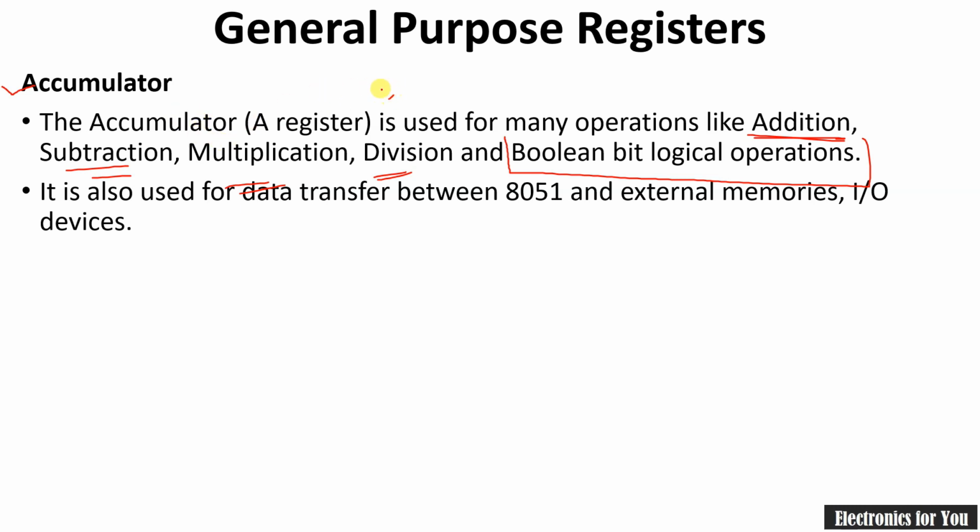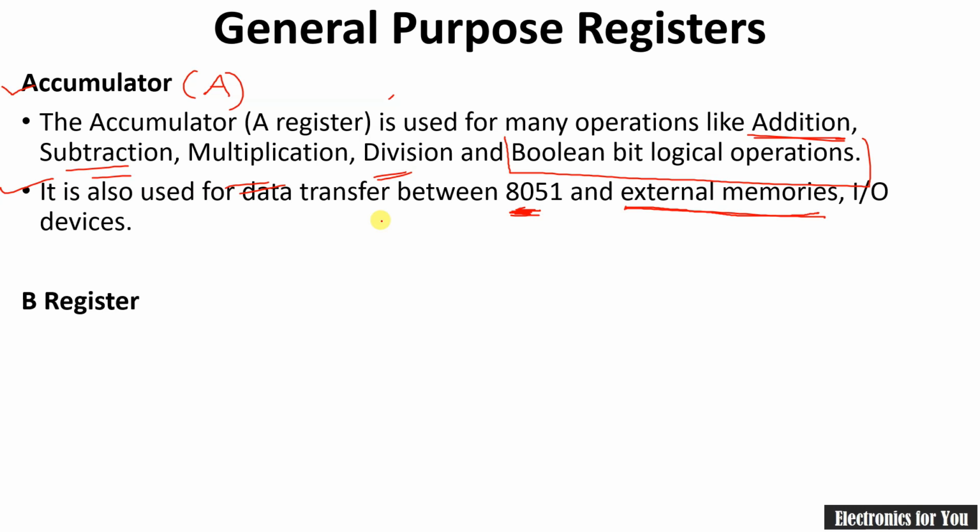This accumulator is also known as register A. It is also used for data transfer between 8051 and external memory. So external memory can exchange data with the microcontroller by using this register A.